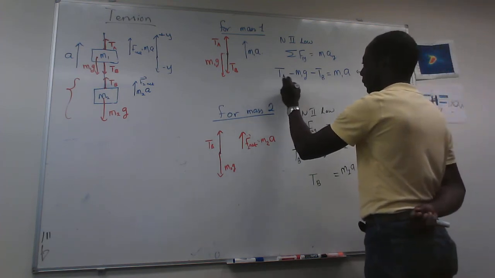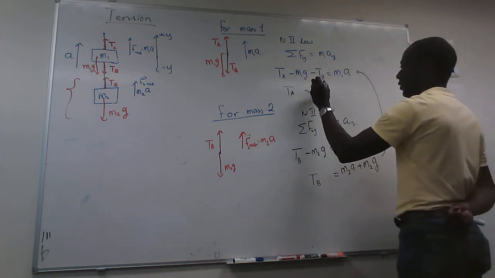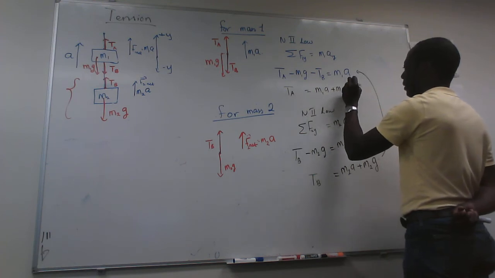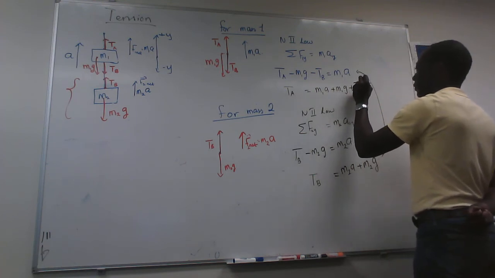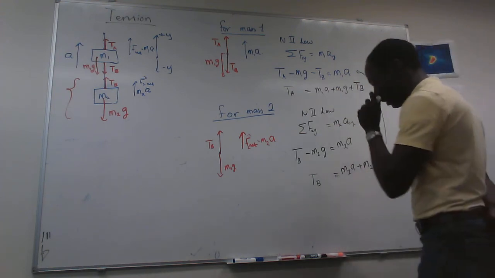So here TA is equal to, so I'm going to bring this over the equal sign. So we have m1a plus m1g plus TB.